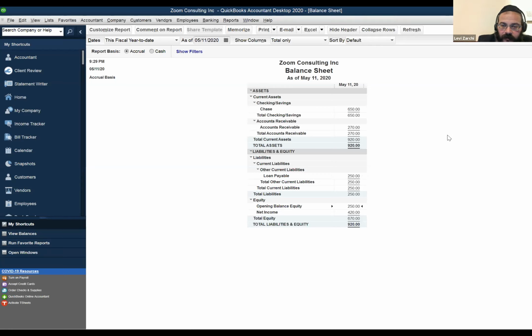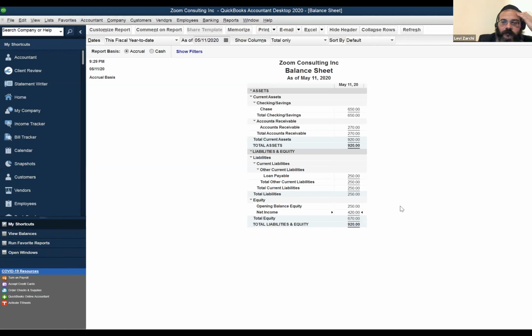Owner's equity is comprised of 2 things: this year and last year, or anything previously. Opening balance equity, because this is the first year we opened up, is 250. Net income will be 420.